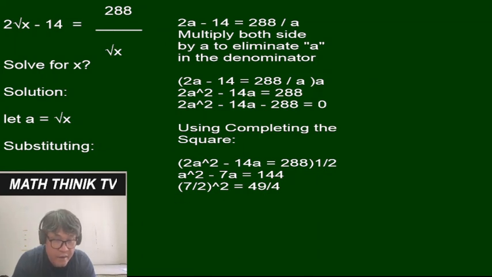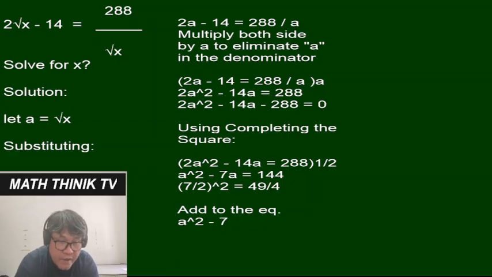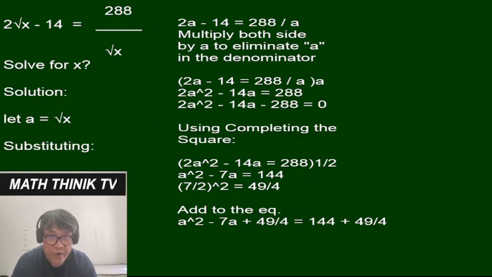So we'll add it to the equation. So the equation becomes a square minus 7a plus 49 over 4 is equal to 144 plus 49 over 4, right?